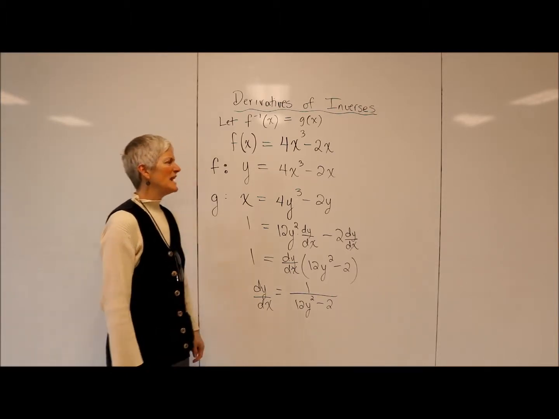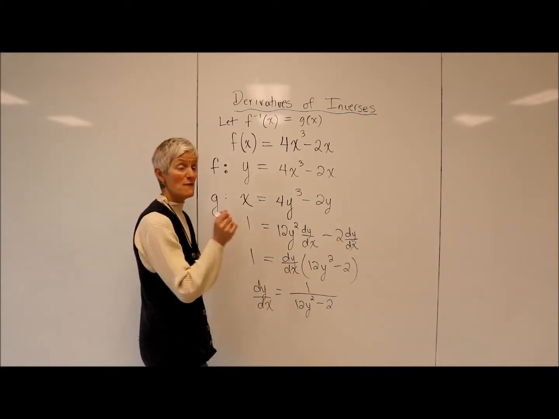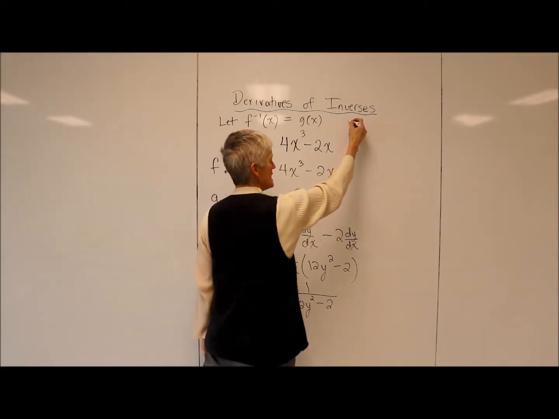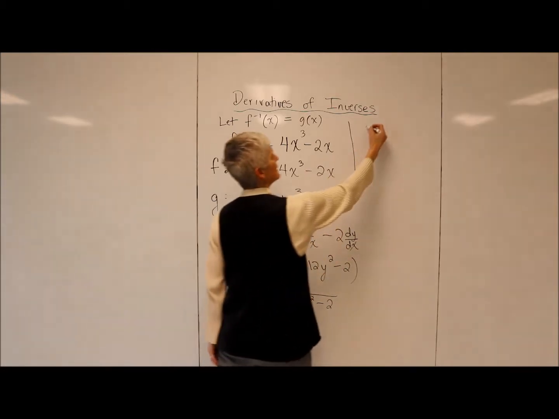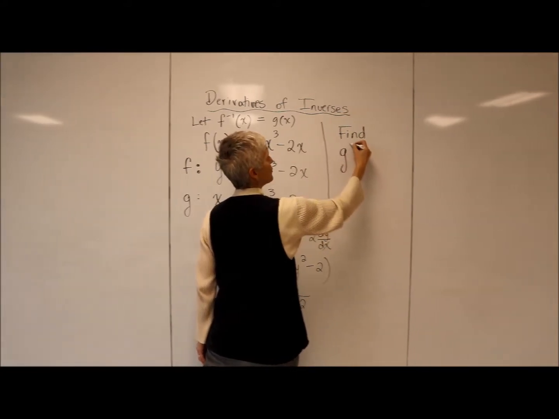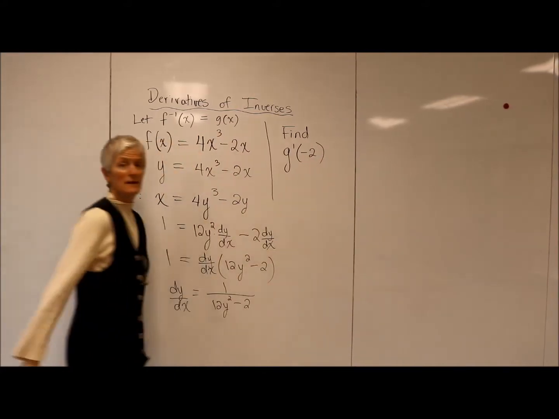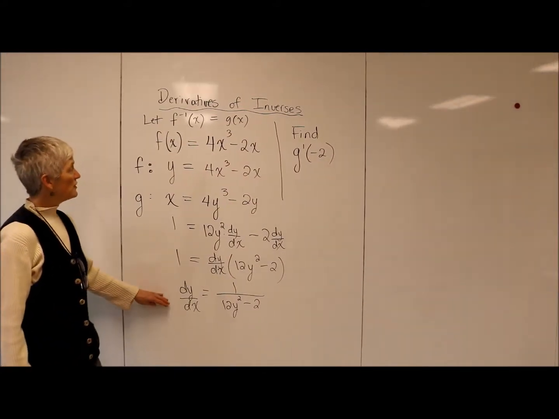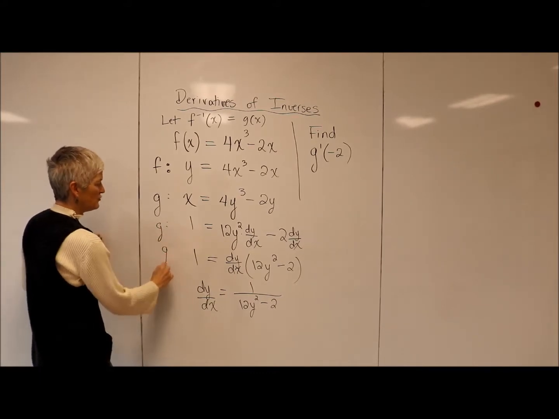So let's see how that plays out if I ask for a specific value. Let's say that I wanted you to find g prime of -2. So I want you to find the derivative, and keep in mind, this is all in g land.